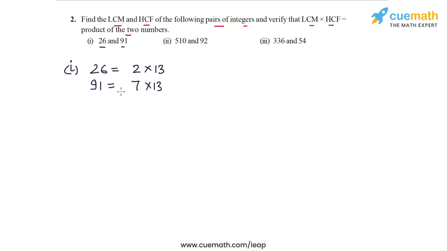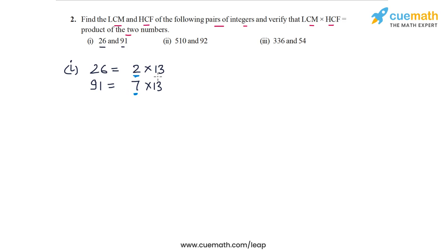Now to find the HCF, we will take the product of the smallest power of each prime factor in the two numbers. So we see that 2 occurs only in the first number, so it won't occur in the HCF. Similarly, 7 occurs only in the second number, so it won't be there in the HCF.